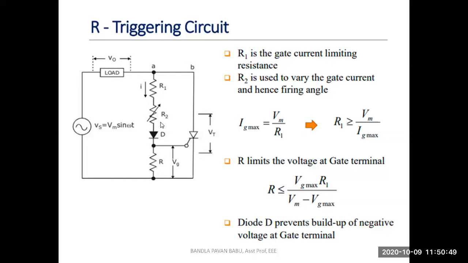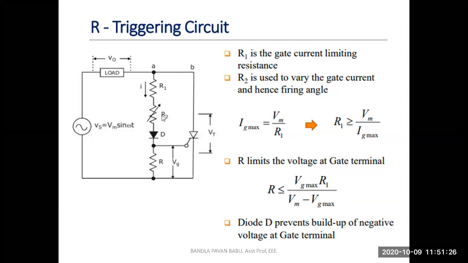R1 is greater than or equal to Vm by Ig max, the maximum gate current, because we have to consider the extremities, that is the minimum gate current and the maximum gate current. When the maximum gate current is reached, no further gate current is needed because the switch will be completely turned on. A minimum amount of current will flow through this gate terminal.